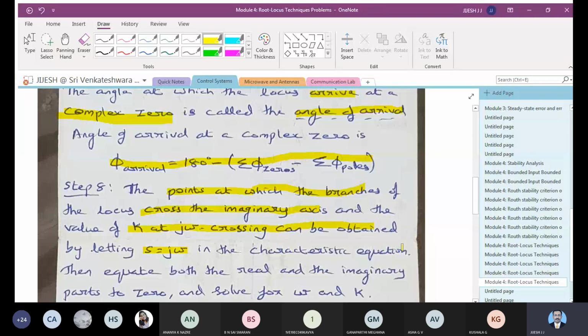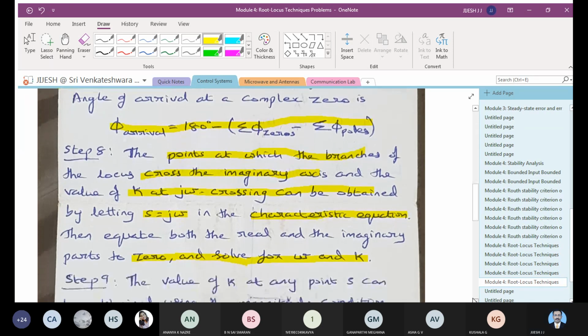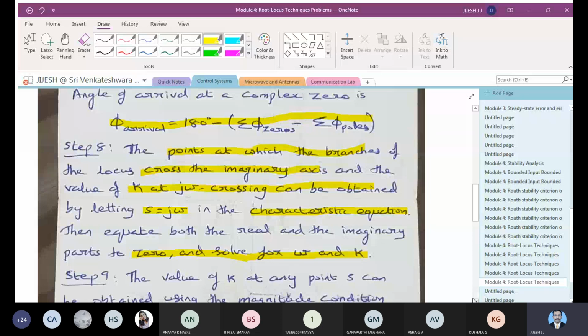Then we equate both the real and imaginary parts to 0, and solve for omega and k. We have to find out the values of omega and k. So we will be solving numericals where we'll be using all these concepts.